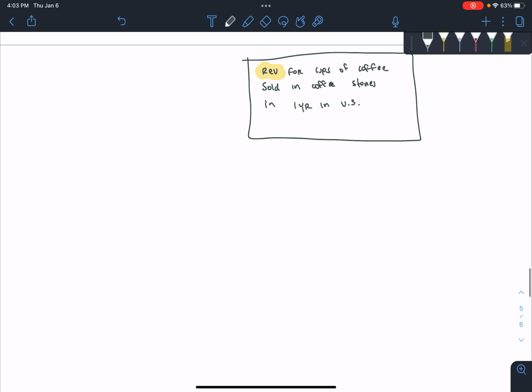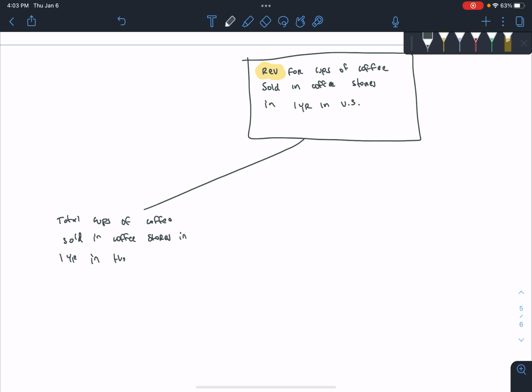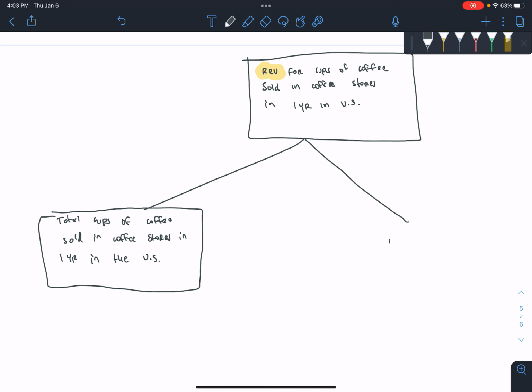So this is revenue, right? Revenue for cups of coffee. And that can be broken down into the total cups of coffee sold in coffee stores in 1 year in the U.S., and this can be multiplied by the average cost per cup of coffee.